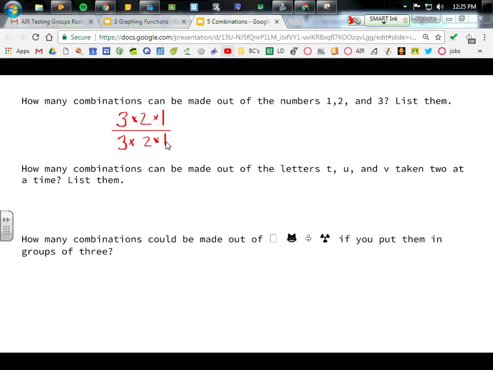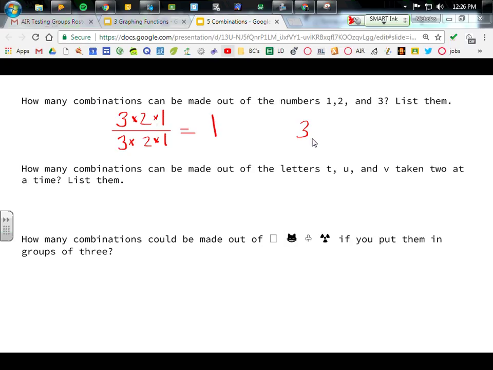We're including everything. Okay, so you may already notice we don't even have to really carry out the multiplication here, but we're dividing something by itself. We're dividing this expression by the same exact thing, which is going to give us an answer of 1. All right, a combination of all 3 of these numbers, it doesn't matter what order you put them in, it's going to be the same combination every single time.